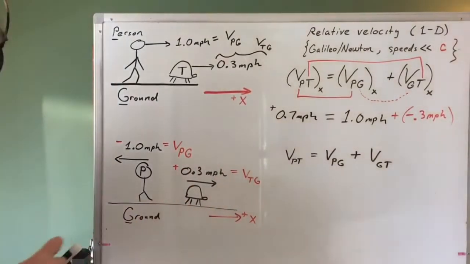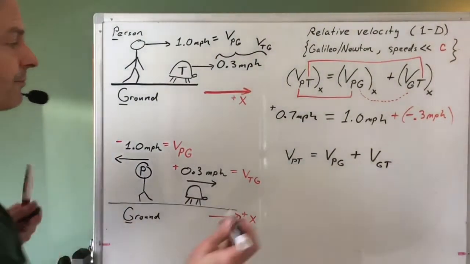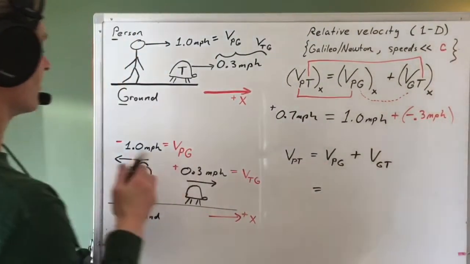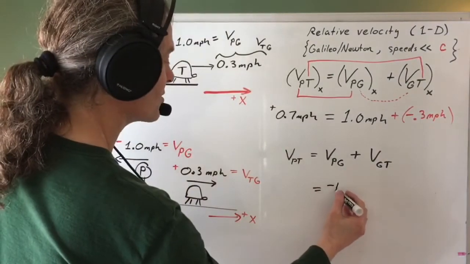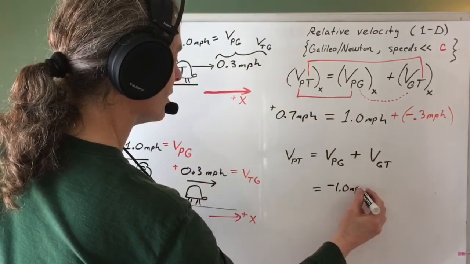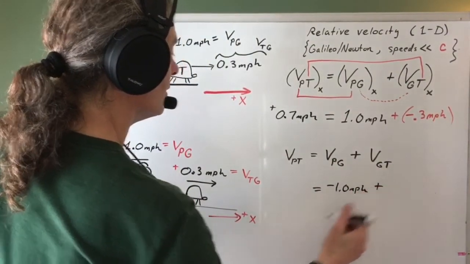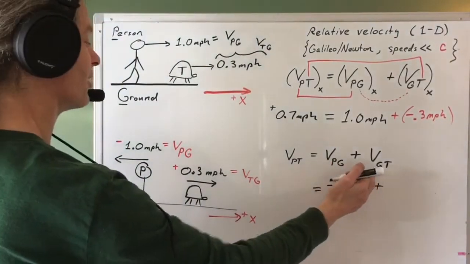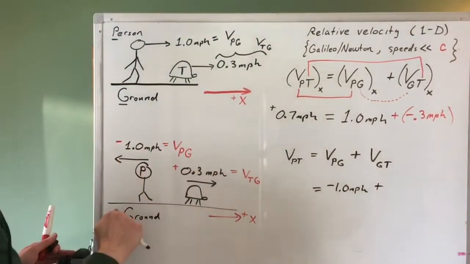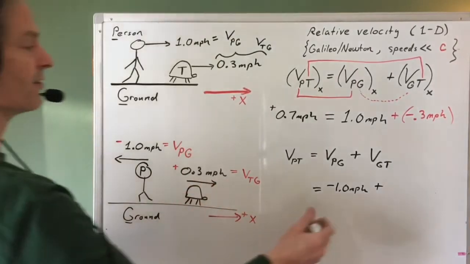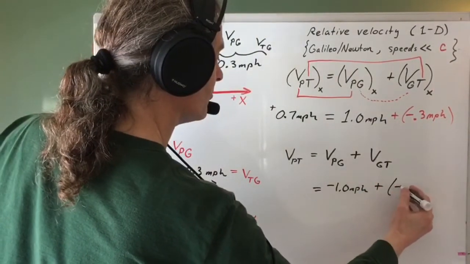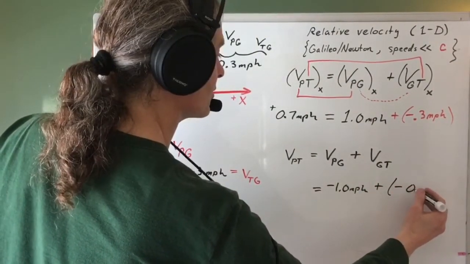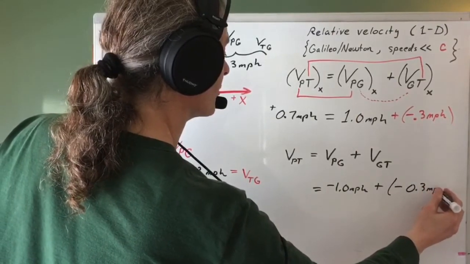All right, great. So now we plug in. The velocity of the person relative to the ground is minus 1.0 mile per hour. The velocity of the ground relative to the turtle will be the negative of the velocity of the turtle relative to the ground, so I've got minus 0.3 mile per hour.